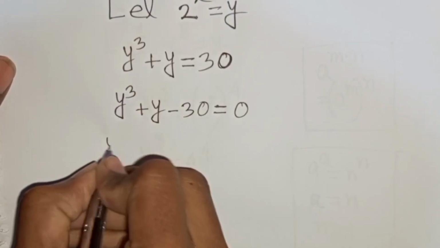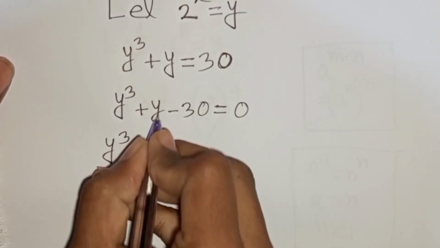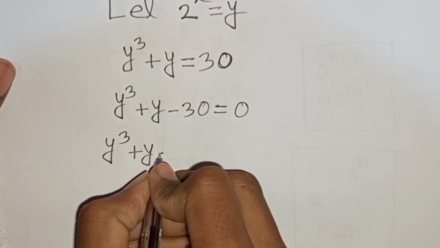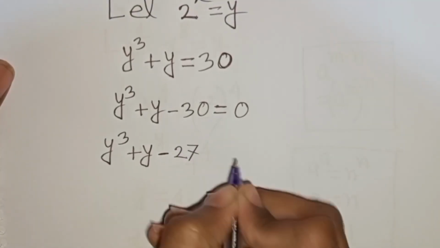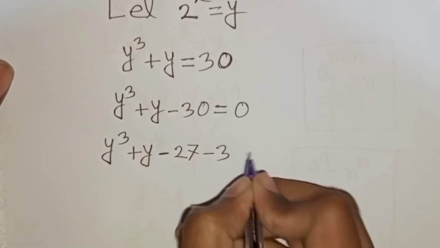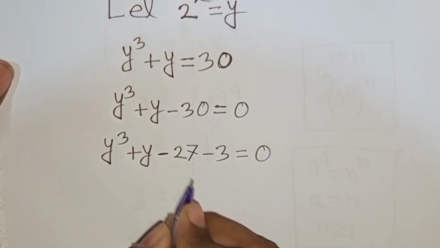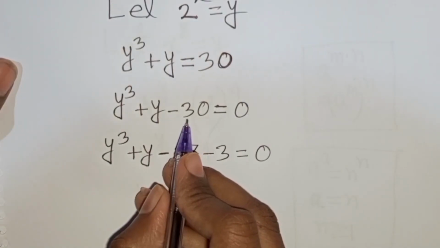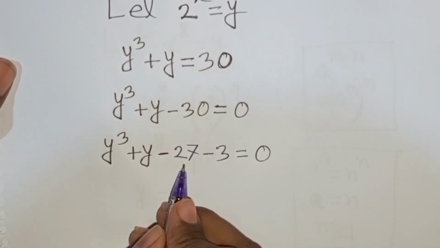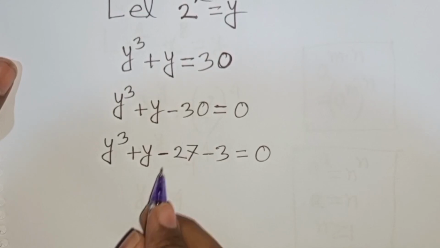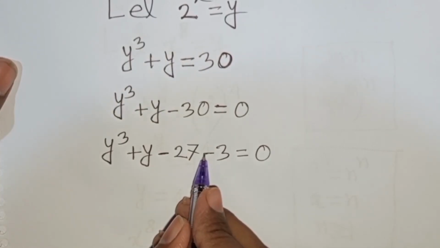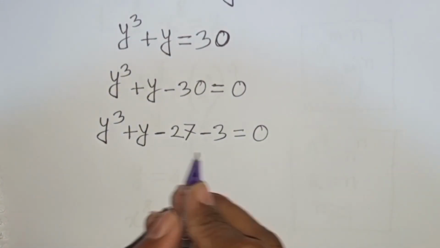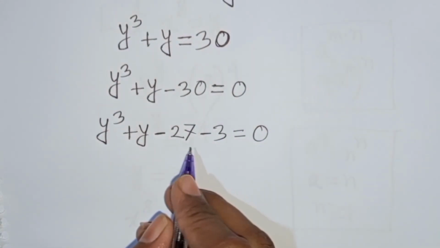Now we have y cube plus y, then minus 30 can be written as minus 27 minus 3, then is equal to 0. How to understand this? Pay attention here, the nearest cubic number of 30 is 27. So minus 30 can be written as minus 27 minus 3. Most of the time you can understand such as this process.